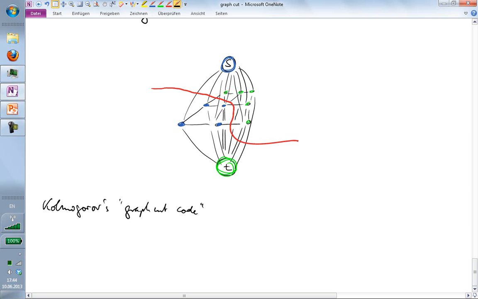And now you can push as much flow through this augmenting path as the edge capacities allow. And if you now look at the updated residual graph, then the 2 trees that you have constructed may have fallen apart into forests. So you have one forest associated with the source and another forest associated with the sink.